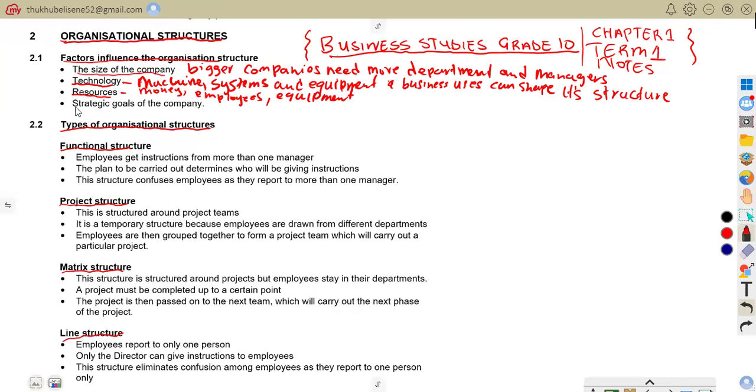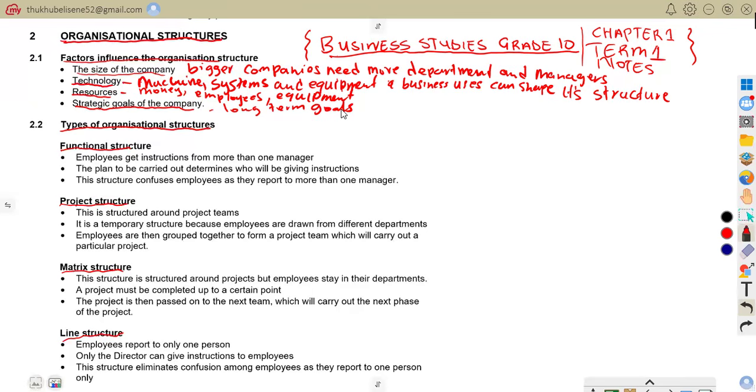Now we are coming on to the strategic goals of the company. Here we can talk of long-term goals that help decide how to arrange departments.